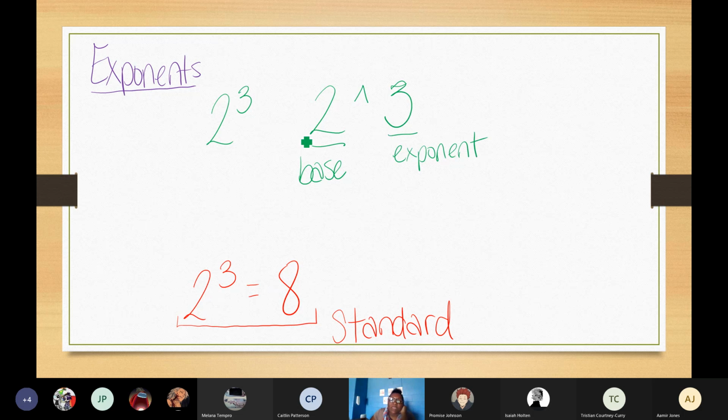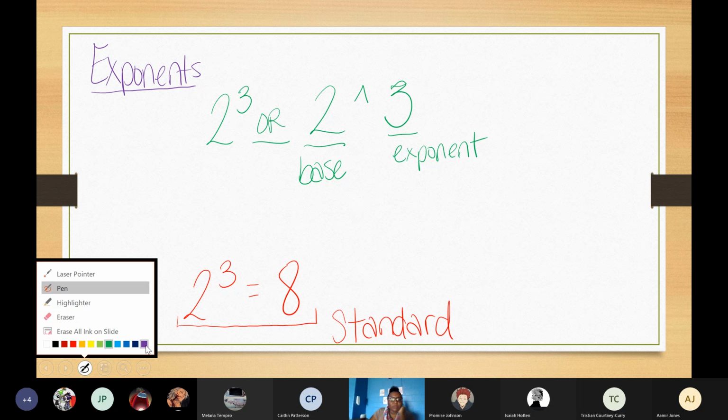So there's 2 ways we could see this expression written. We could see it written here with 2 being the big number, 3 being the small number in the upper right-hand corner, or we could see 2, caret arrow going up, and then 3. And that's going to be a normal size 3, but if it comes after that caret, it's the exponent. Okay? I'll give you some time to write that down.